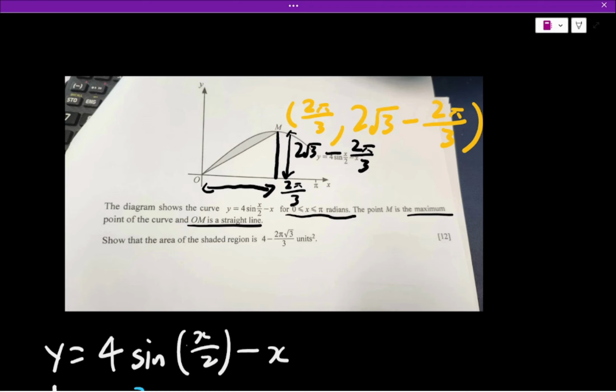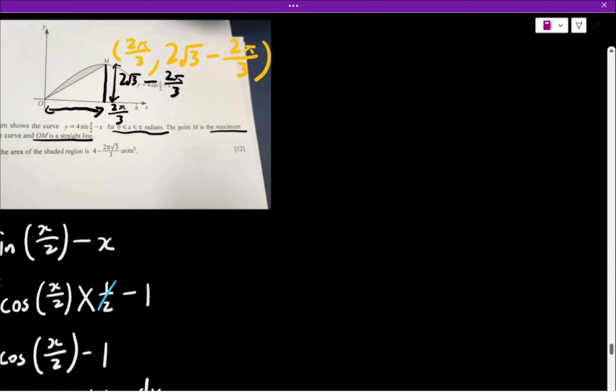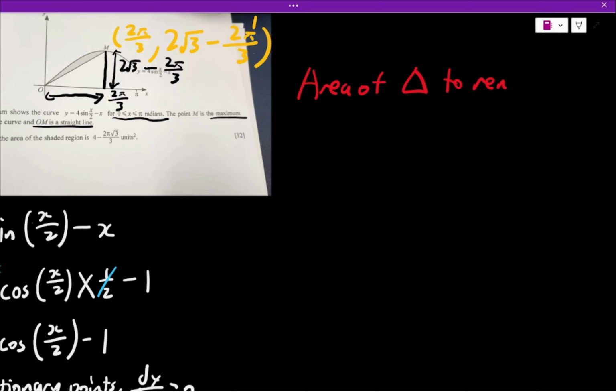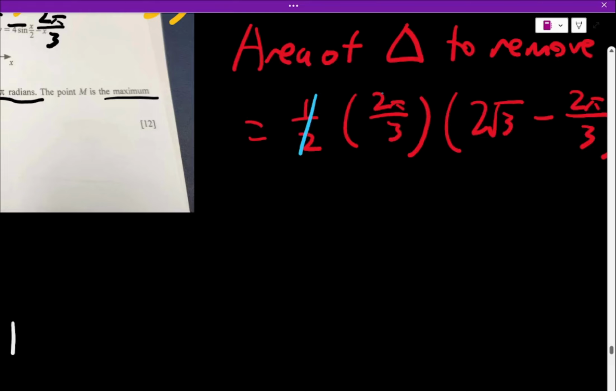So the area of the triangle to remove is equal to half times the base, which is 2 pi over 3, times the height, 2 root 3 minus 2 pi over 3. Alright, let's go ahead and do a little bit of simplification. This half would get rid of this 2.